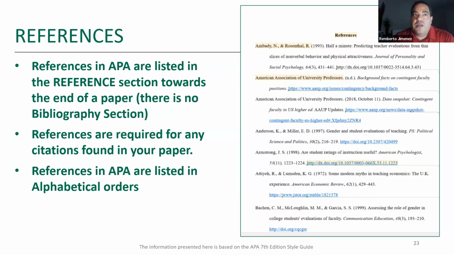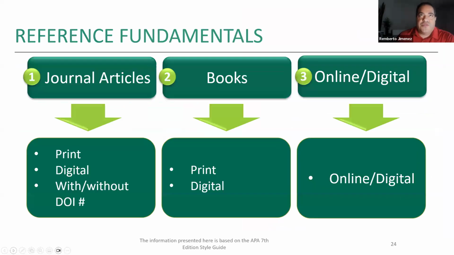Now, to keep things very simple here, folks, I'm going to give you, again, the abridged version. When it comes to reference fundamentals, just know that if you are referencing a journal article, regardless of whether it's a print journal, a digital journal, or one with a DOI indicator, which is a digital object indicator, aka a link, an identifier that's used in certain databases, with or without it doesn't make a difference.